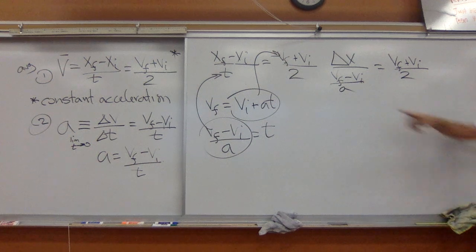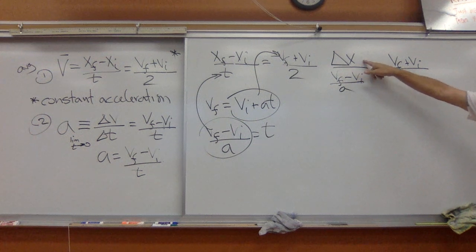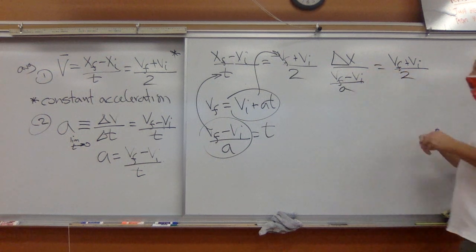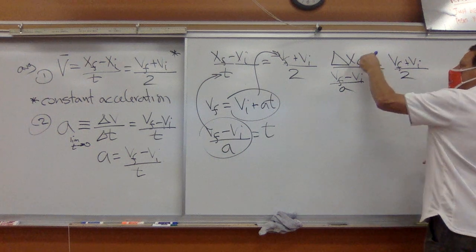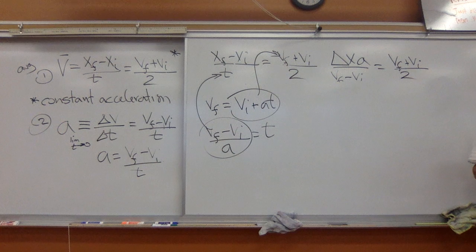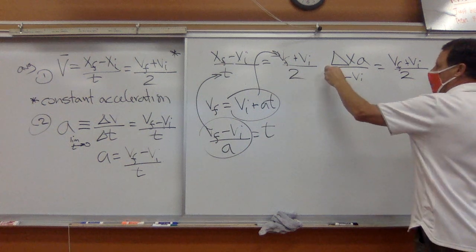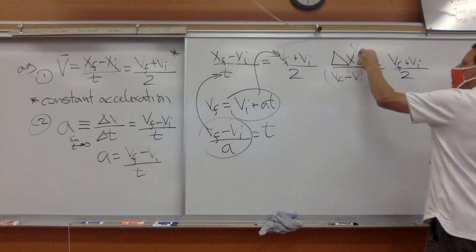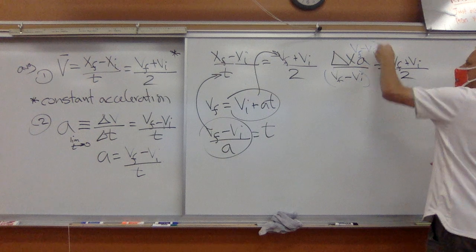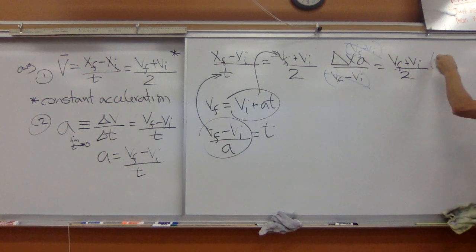One last thing here. This acceleration is in the denominator of the denominator, so it can just go to the numerator. Now we are going to multiply both sides by v final minus v initial, so it cancels out on the left.